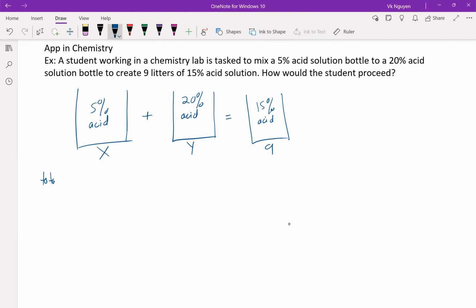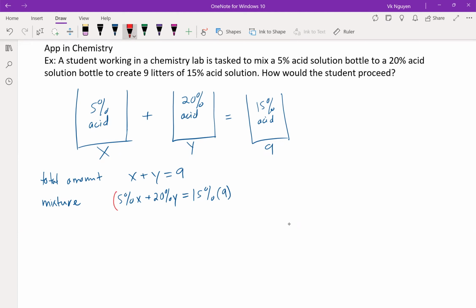One of them is in the total amount, X plus Y equals 9, and then the second equation is the mixture. X contains 5% acid, so 5% X plus 20% Y. The mixture has 15% of 9.